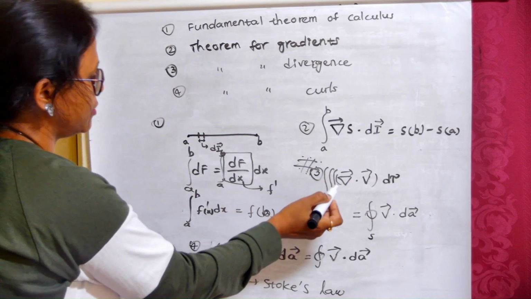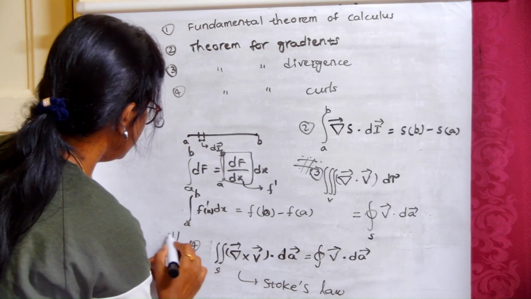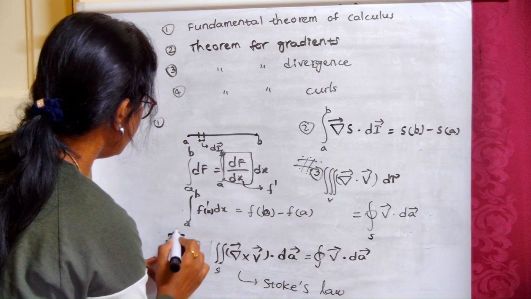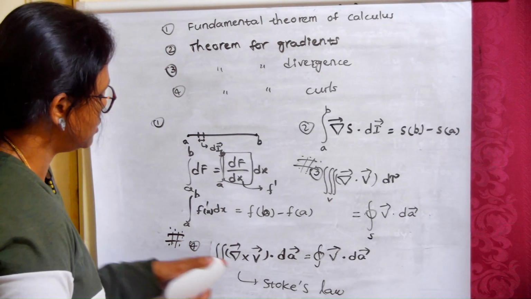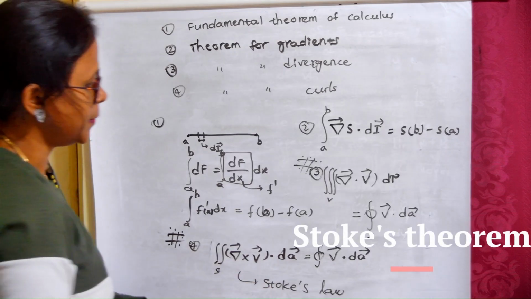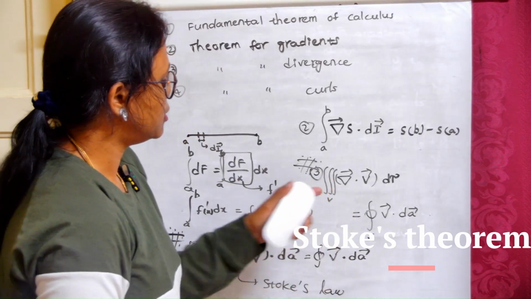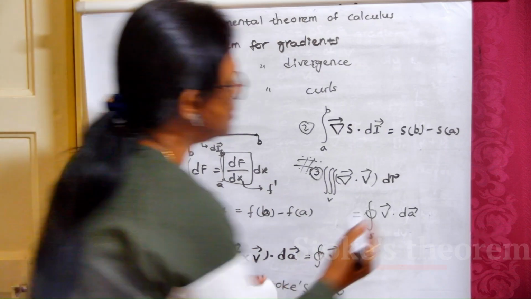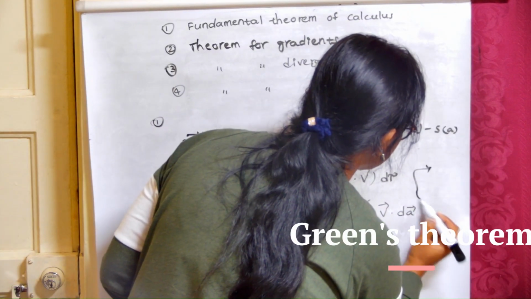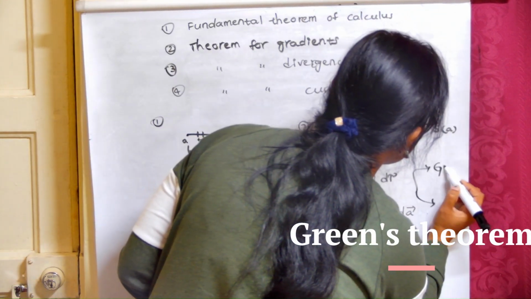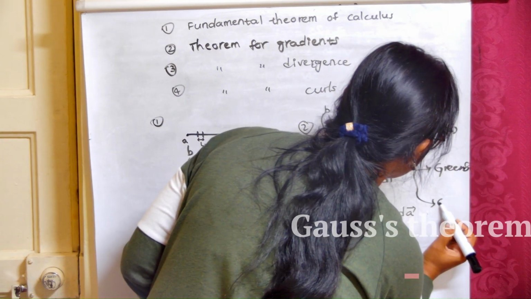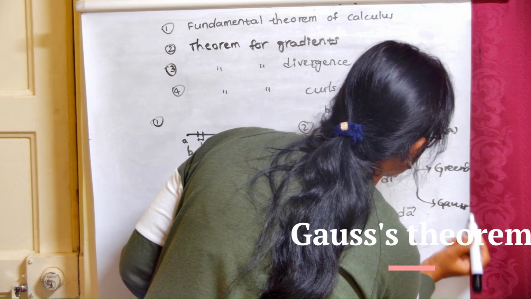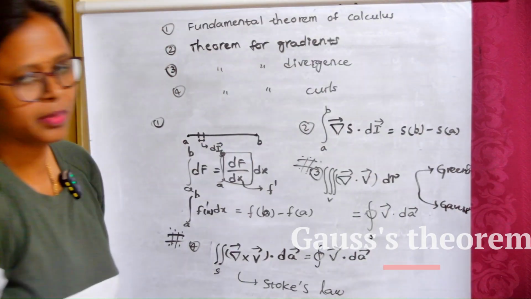The theorem of divergence and the theorem of curls, these two are of great importance in electrodynamics. So the theorem for curls is called Stokes' law, and the theorem for divergence has two names, Green's theorem or Gauss theorem.